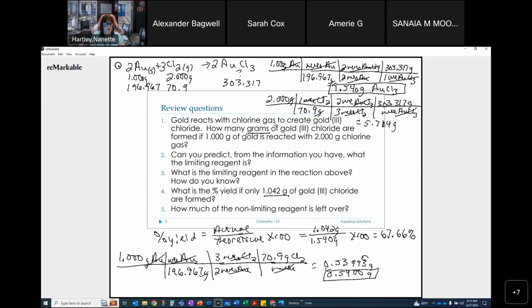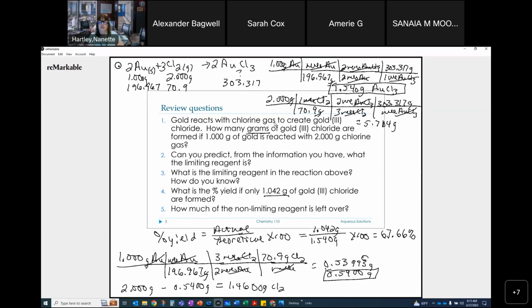Now, I know that's how much I need, right? But I know that I have more than that. So if I want to know how much is left, I have to do the subtraction. So I started with 2 grams. I'm going to subtract the 0.5400 grams, and that's going to give me 1.460 grams of Cl2 that remain.